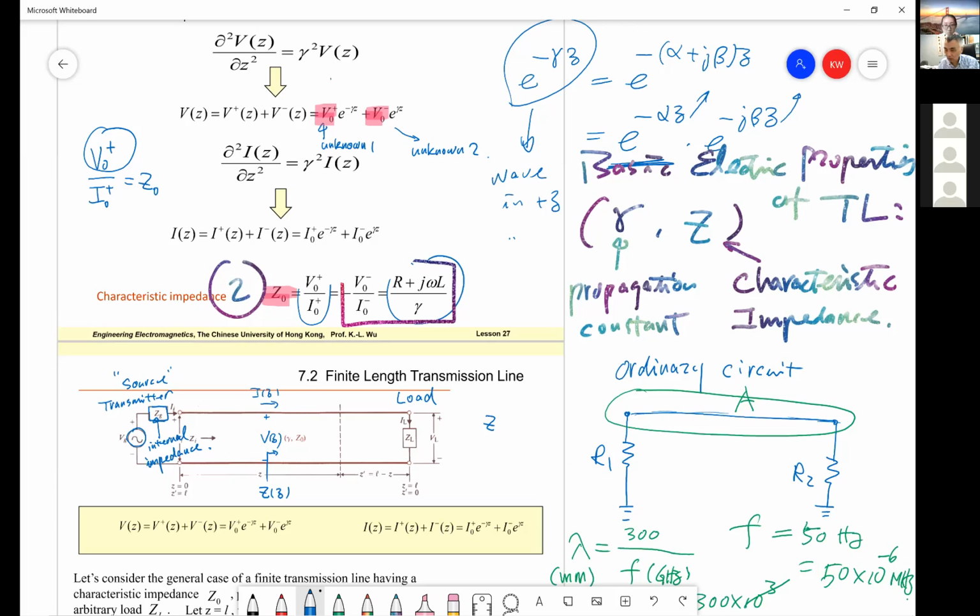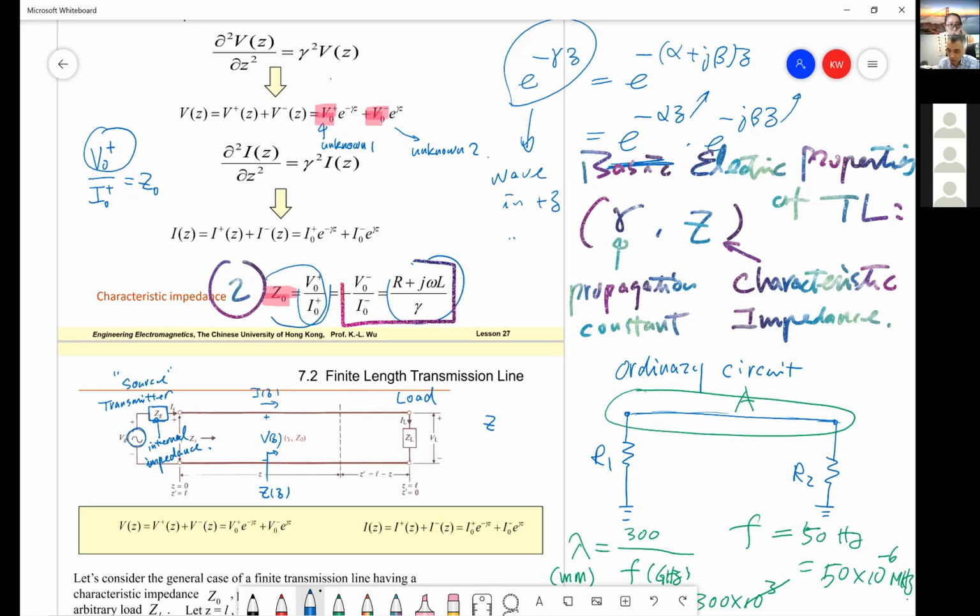Then you say, hey, we already had the impedance for characteristic impedance. Yes, characteristic impedance is measured using a traveling wave, right?